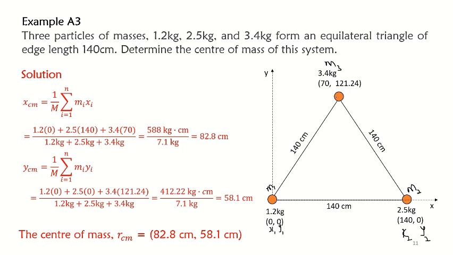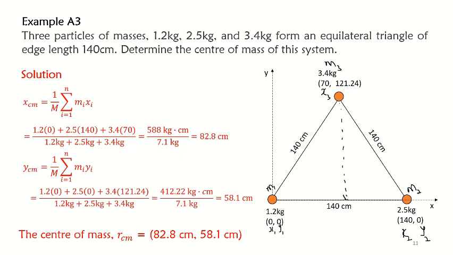Then m3. For m3, we obtain x3. How do we obtain x3? We trace down the position to the x-axis. You see that black broken line traced down to the horizontal axis, the x-axis.